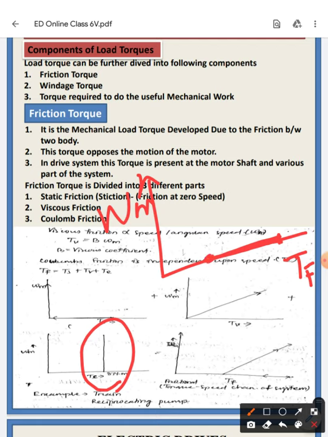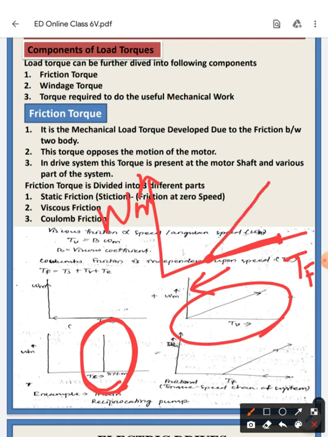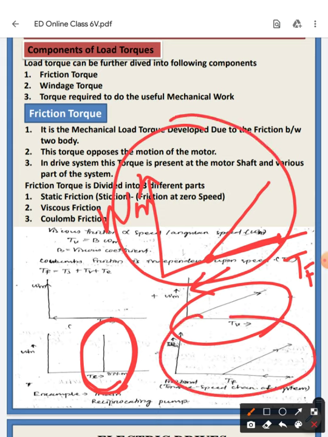So at this point, even if the speed is increasing, this will not further decrease, and due to the viscous friction, it will linearly increase in this way. So this is the resultant graph that we are getting due to the combination of static friction, viscous friction and Coulomb friction.